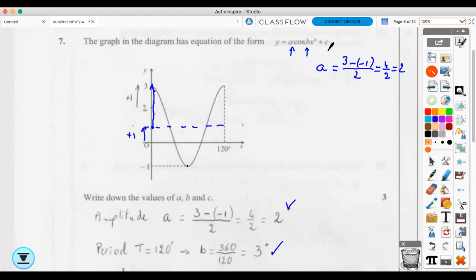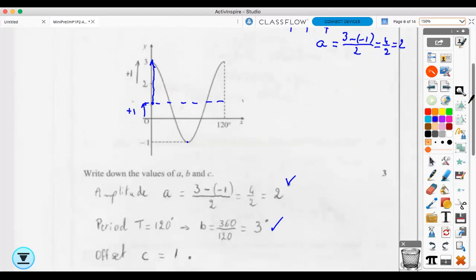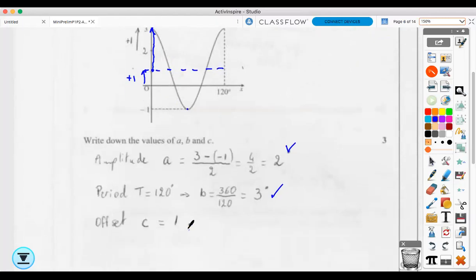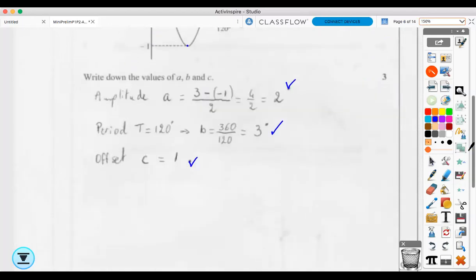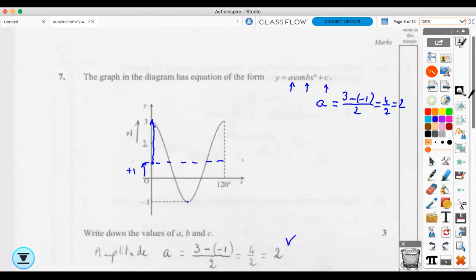So you can just say that C is just 1 as an offset here. And that would be the third mark. Quite a few got 2 out of 3. Not many got the first one. I think the first one was the hardest one, to get the amplitude. But try to think about what it would look like if it hadn't been shifted up. Then you would see.